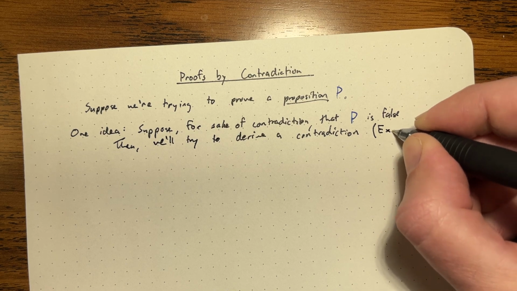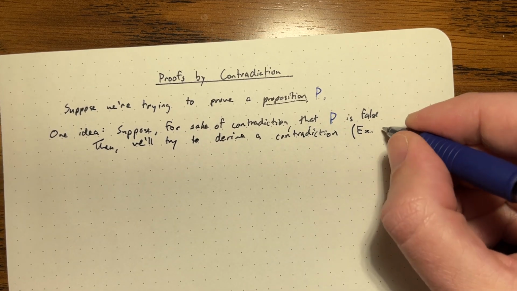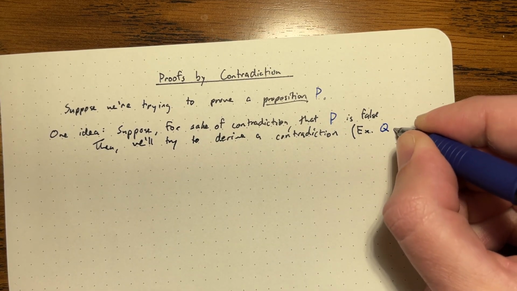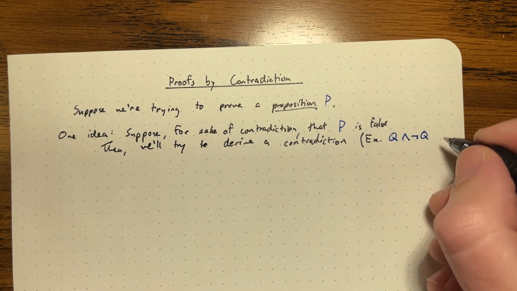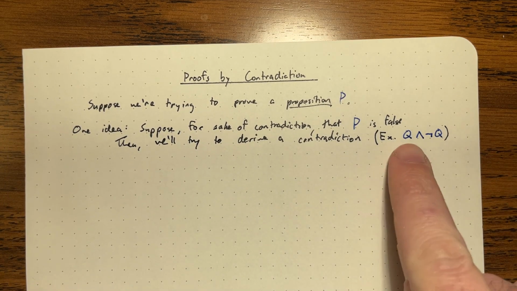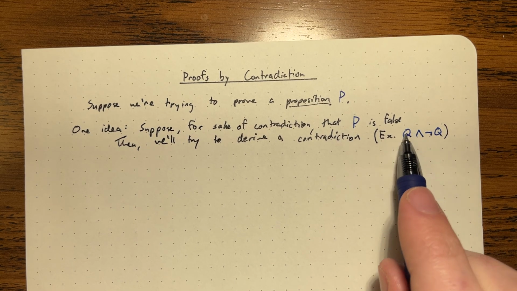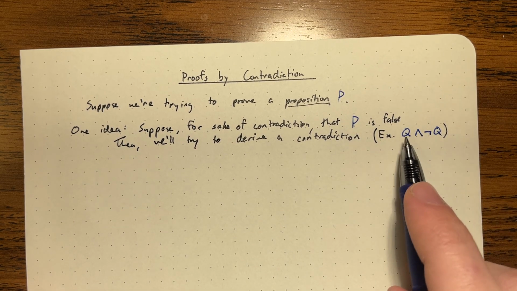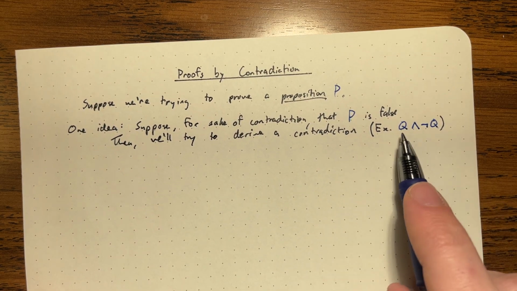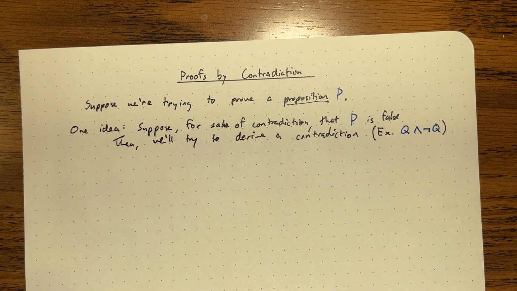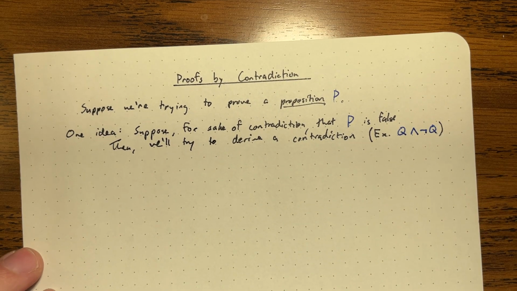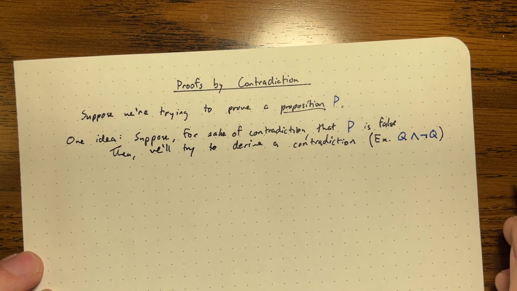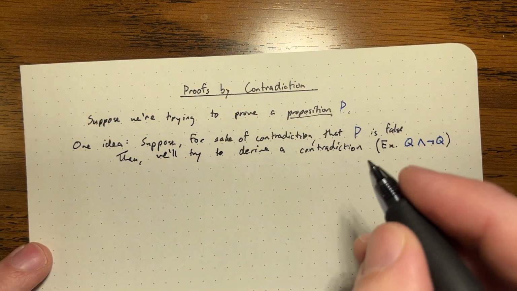So for example, the typical example is Q and not Q. Well, those cannot both be true at the same time. So this is always false: if Q is true, this evaluates to false, and if Q is false, this evaluates to false. So you try to get a contradiction. Something like 1 equals 0 is another example.